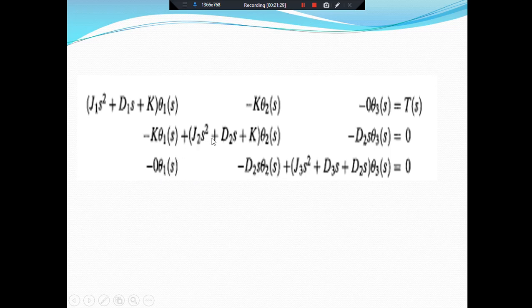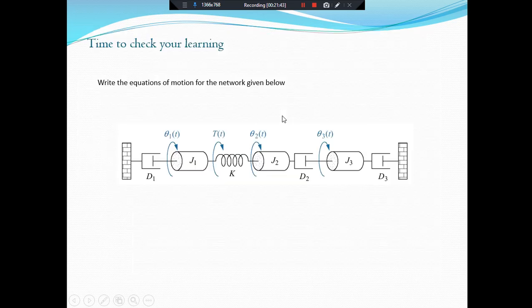And for the middle one, the inertia is J2, and it has one force common with theta 1, one force common with theta 3, and 3 forces connected to the motion of theta 2. Look at the picture. Yeah, this one force is common between theta 2 and theta 3, and one impedance is common between theta 1 and theta 2.